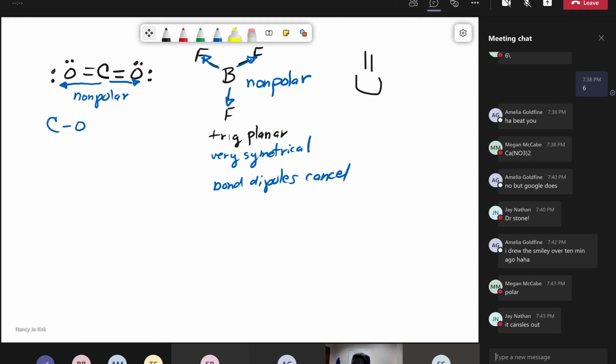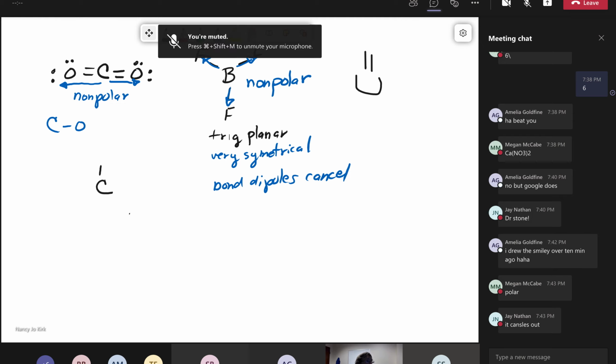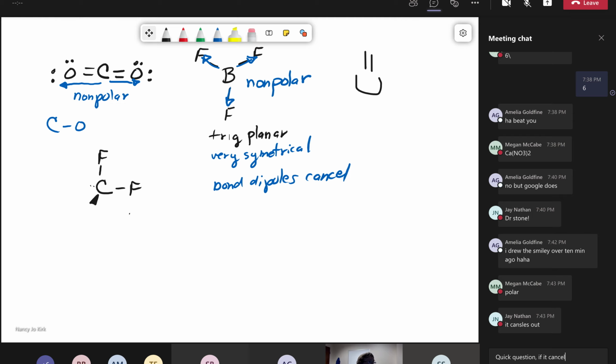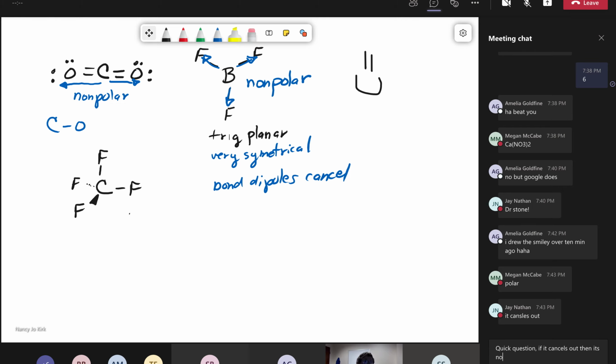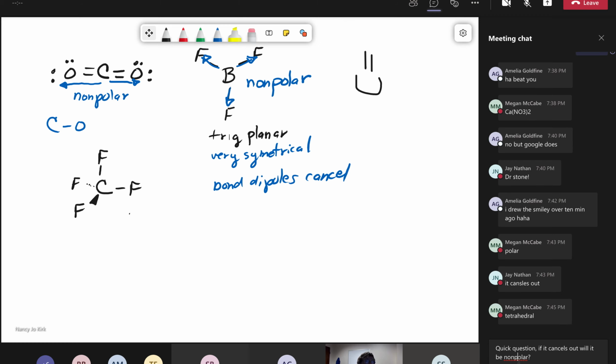Another one is, what was this one? CF4. What's the shape of CF4? Anybody know the shape? 4 bonds around carbon?